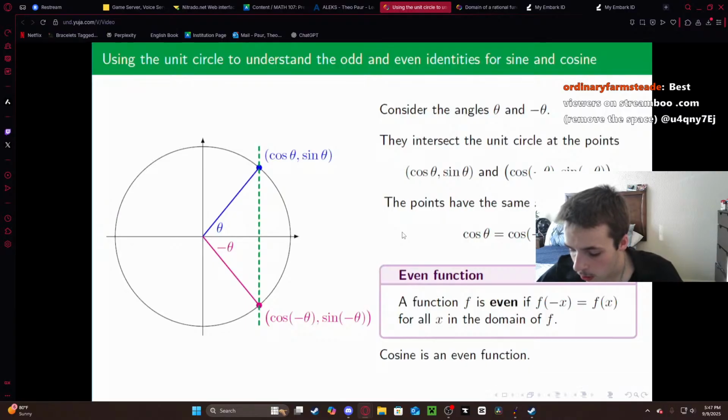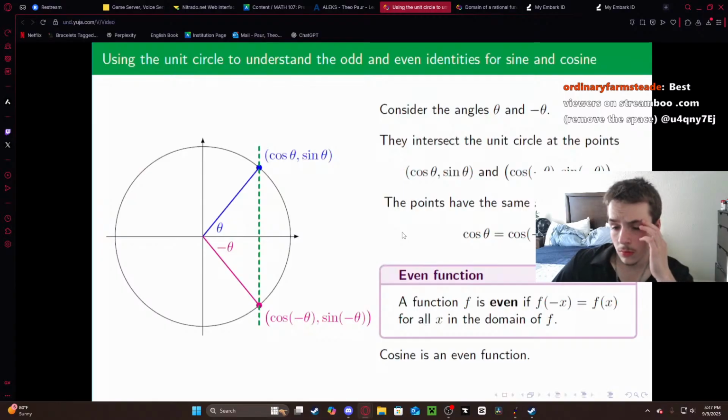Cosine of theta equals cosine of negative theta. Cool. A function f is even if f of negative x equals f of x.